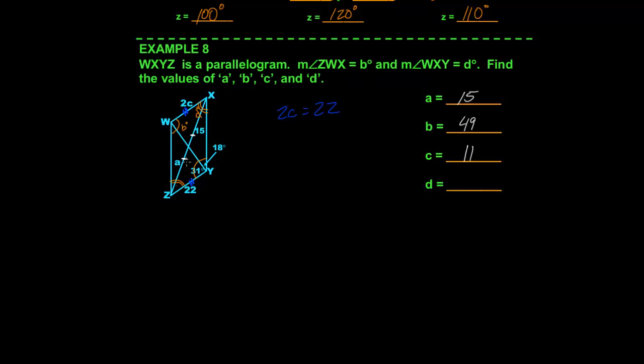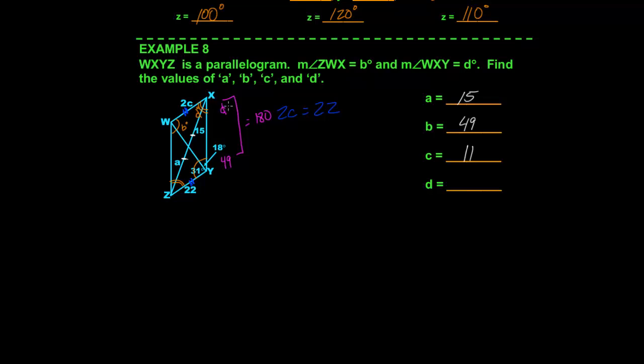And lastly, we're looking at D. Now for D, it looks like we may have to do just a little bit more work. We know that this angle right here, let me find a good color that will stand out, this angle right here is 49. We know that these two together equal 180.